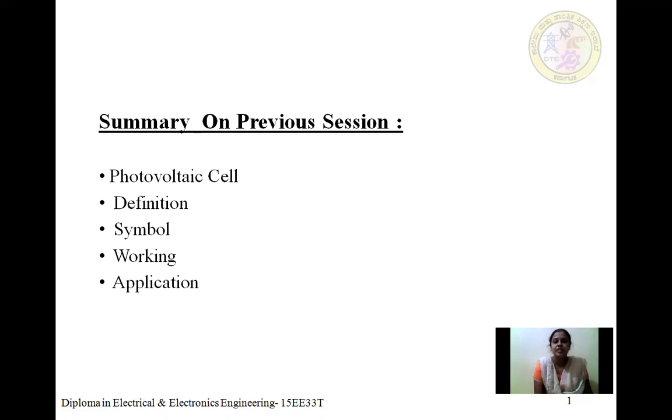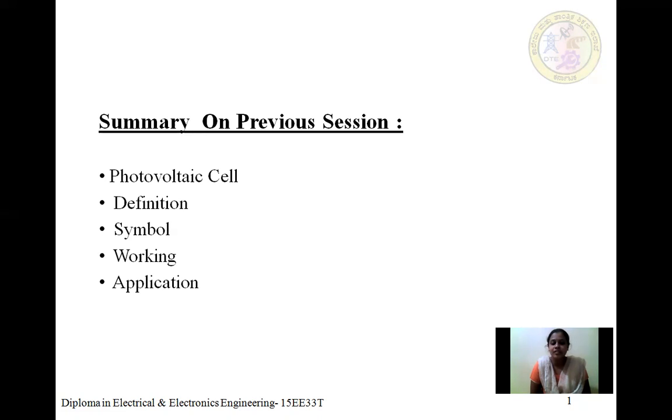So now let me see the working of the photovoltaic cell. Here the P region is made very thin so that the photons can easily penetrate and reach the PN junction. When the cell is exposed to solar energy, the photons of light collide with the valence electrons and gain sufficient energy to leave their parent atoms.